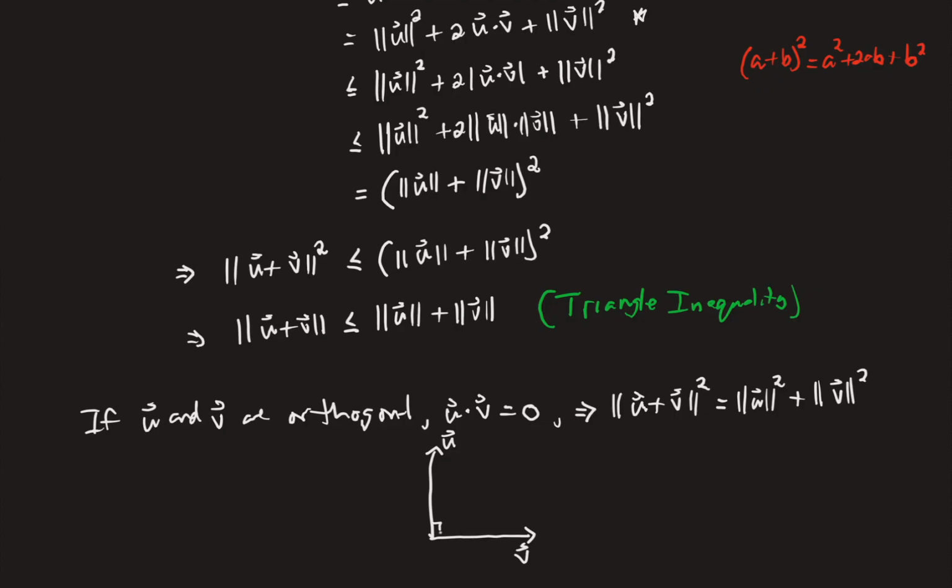It doesn't matter algebraically, but let me be consistent with what I did earlier. So let's say this is u, and then v would be this one. And then this will be u plus v.